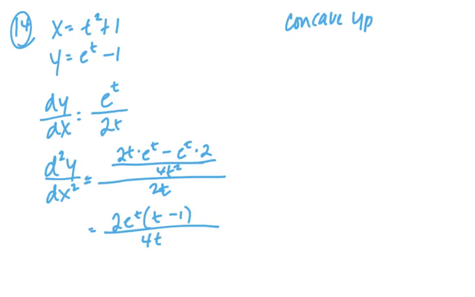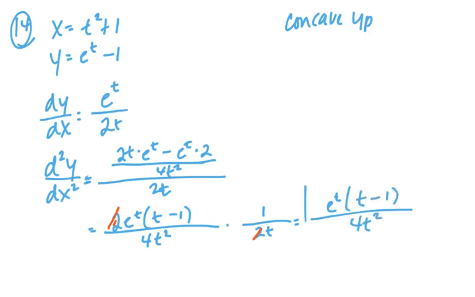And the bottom is 4t squared, and then keep change flip. So we end up with 1 over 2t over here. Now before we continue, these 2's can cancel. So we end up with e to the t times t minus 1 over 4t squared, so this is our 4t to the third.